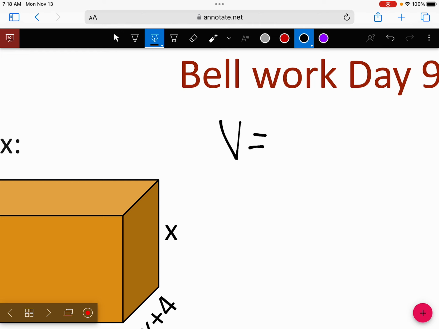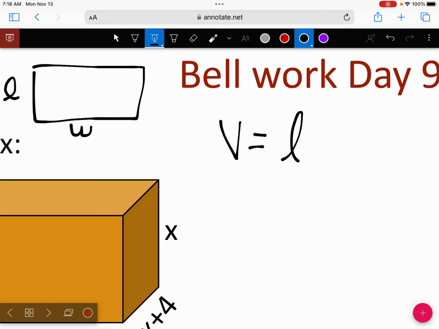So I just wanted to find the area of some rectangle like this. This was maybe length, and this one was maybe width. How do we find the area? Length times width.